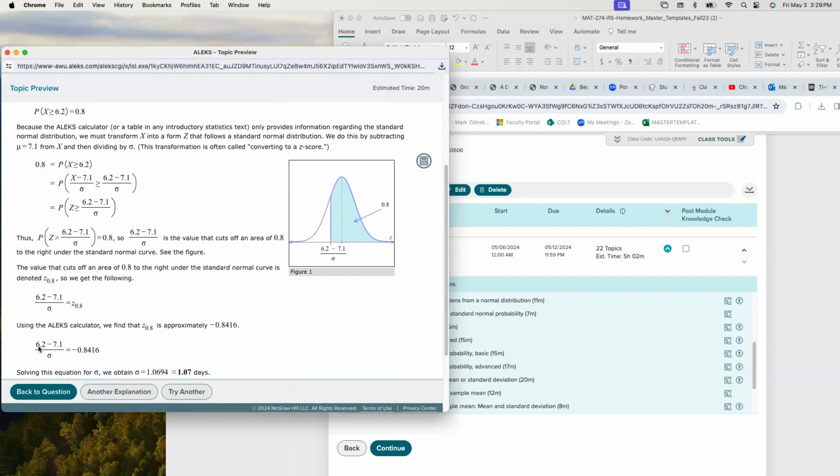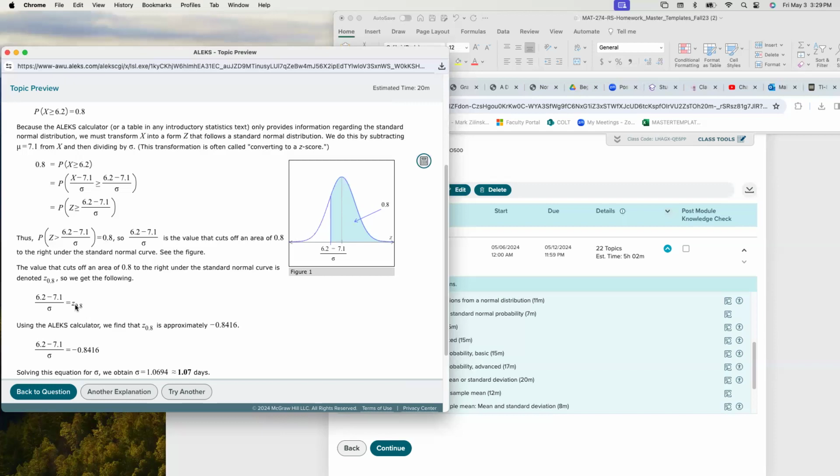Z is equal to x minus mu over sigma. If they had given us Z in the beginning, we could have substituted directly into that formula. However, since they gave us the area, we had to go back and find the Z first.